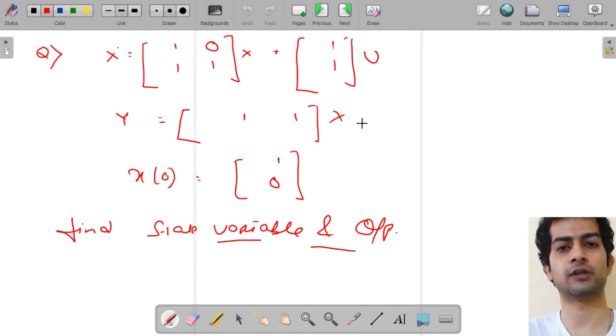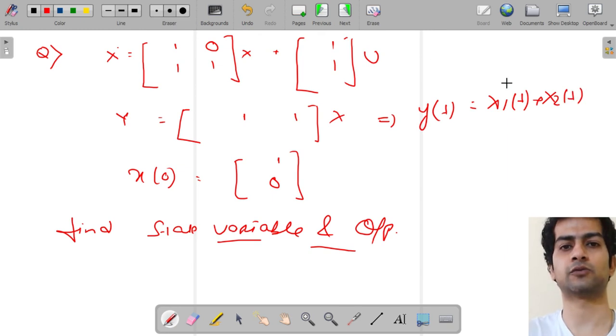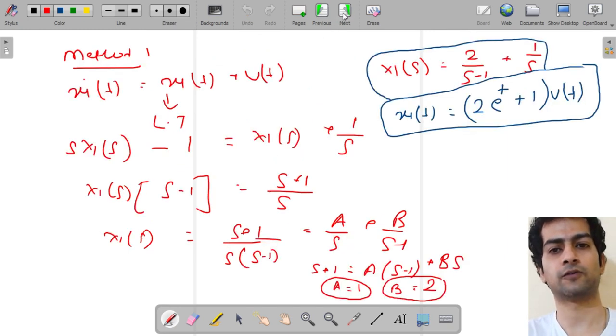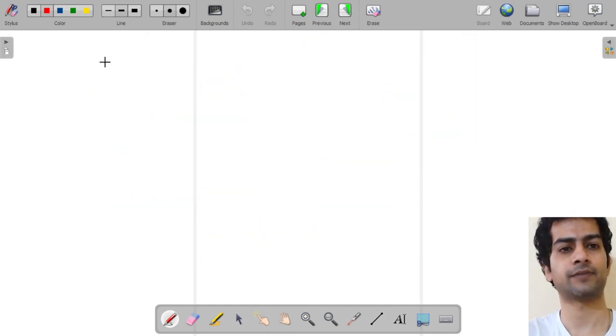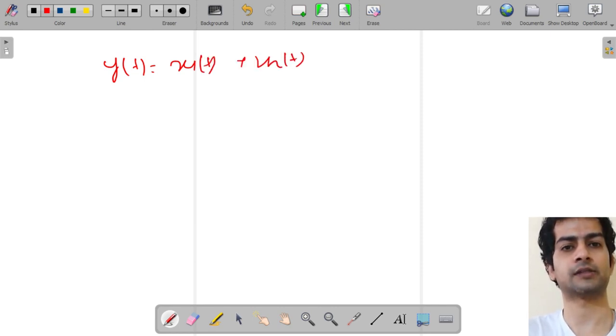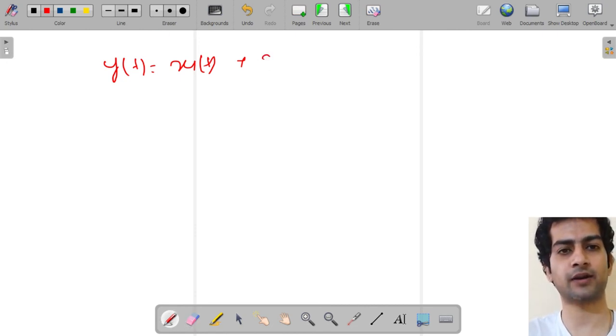Now see, we have to find the output. If we expand it, we will get y(t) is equal to x1(t) plus x2(t). I hope you can follow my handwriting; I am writing in a very rough manner. So keep listening to me.